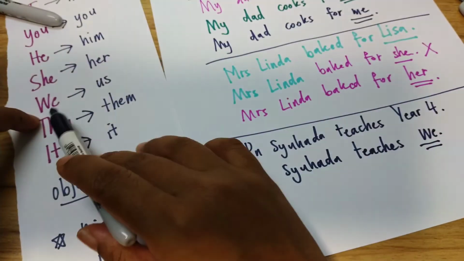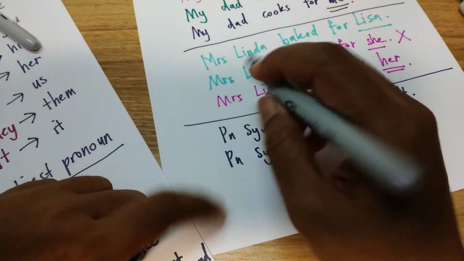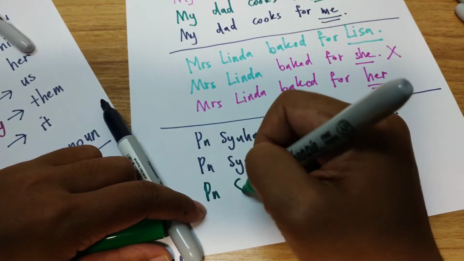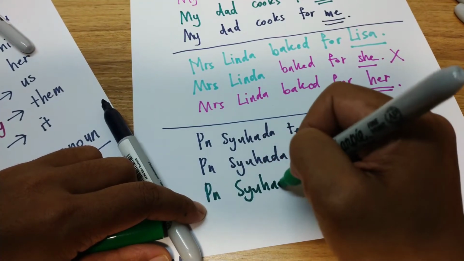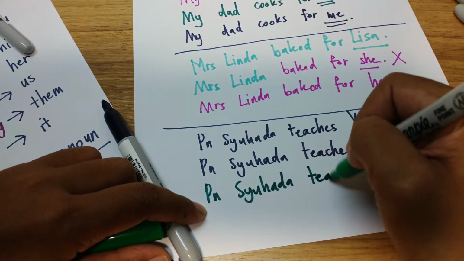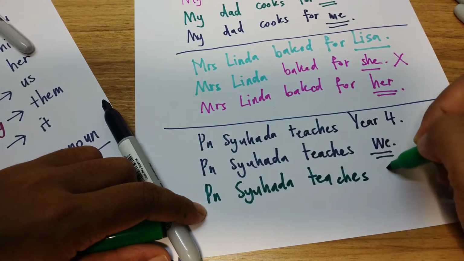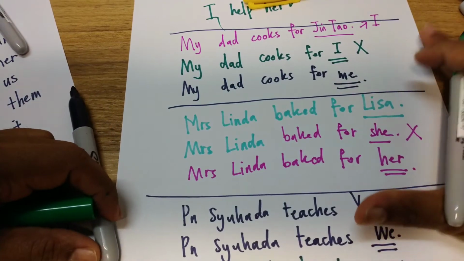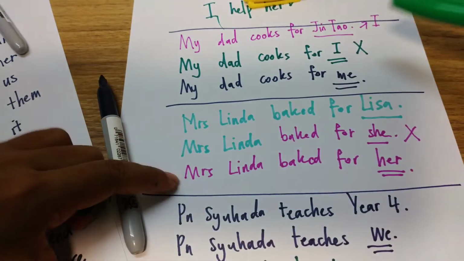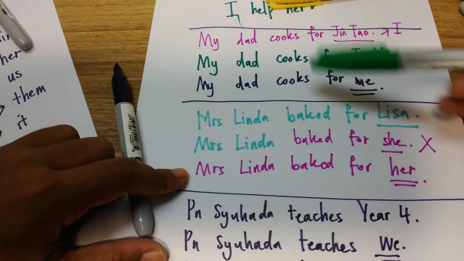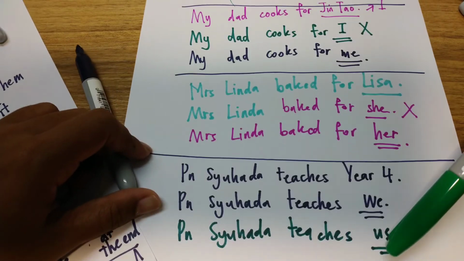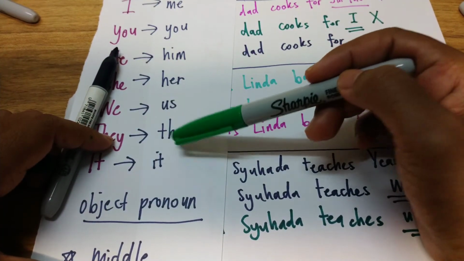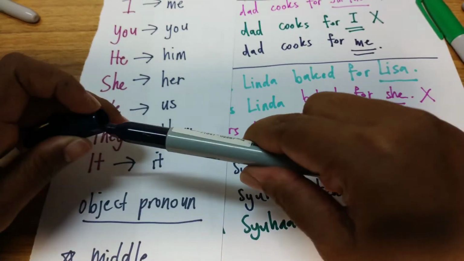Why not? Because it's at the end of the sentence. So the correct one is Puan Syuhada teaches us. So that is how you use an object pronoun. When the object is at the end or in the middle, you use this one: me, you, him, her, us, them, and it.